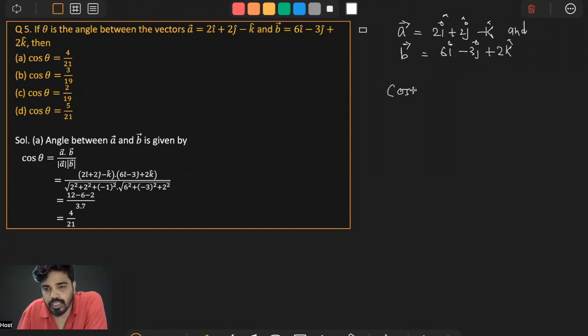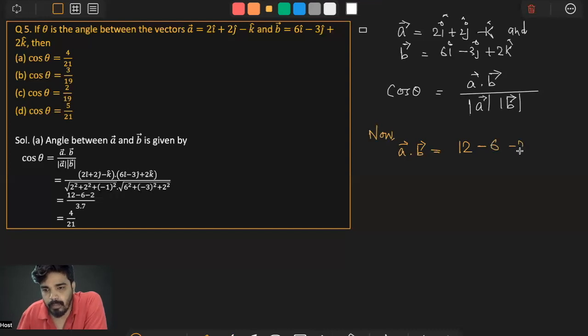Cos theta is equal to A dot B divided by modulus A modulus B. Now A dot B is 12 plus minus 6 minus 2, that is 4.